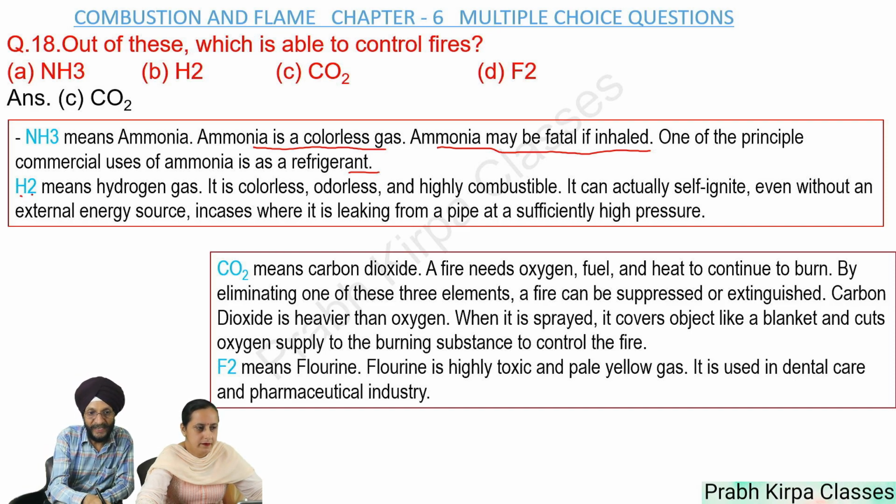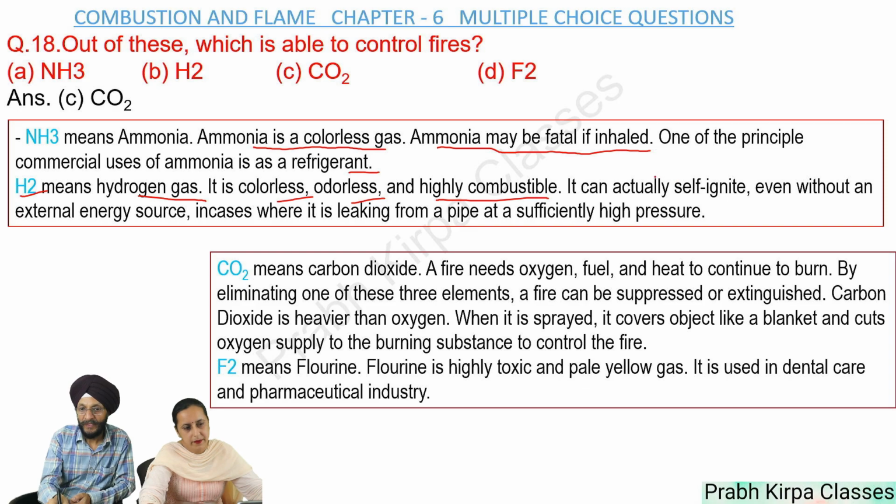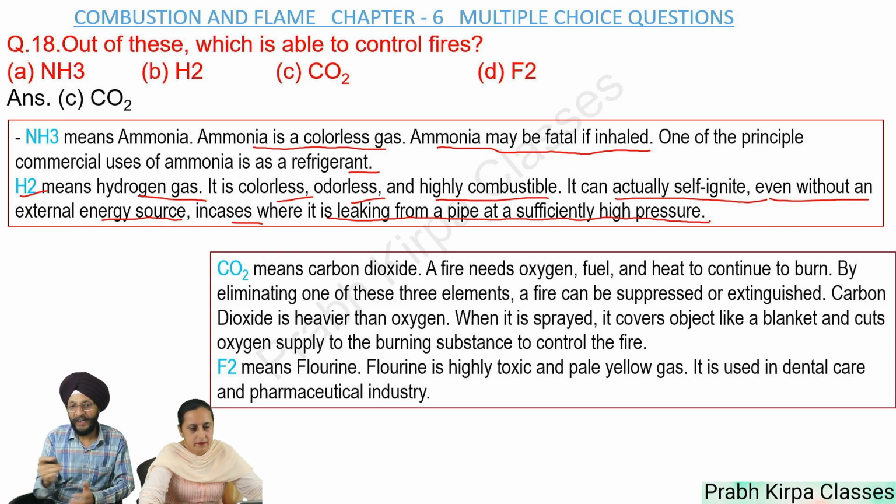Now we come to the second option, hydrogen. H2 means hydrogen gas. This is also a colorless and odorless gas. It is highly combustible. It can actually self-ignite even without an external energy source in cases where it is leaking from a pipe at a sufficiently high pressure.